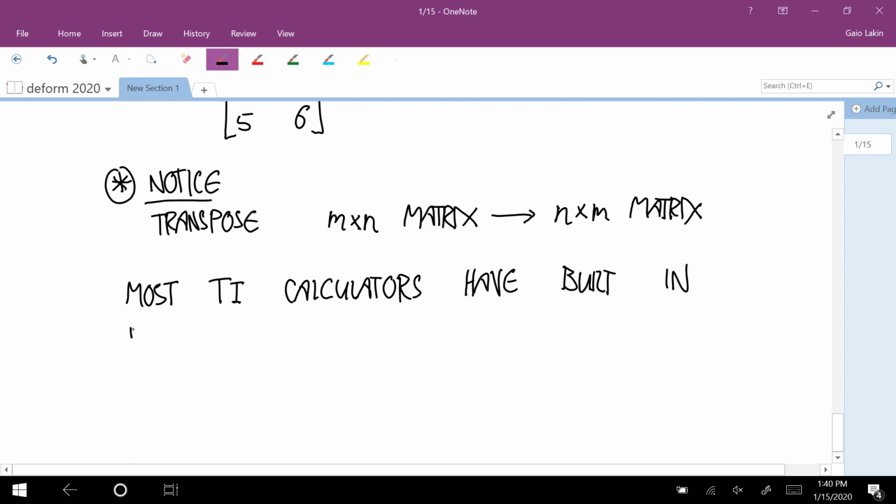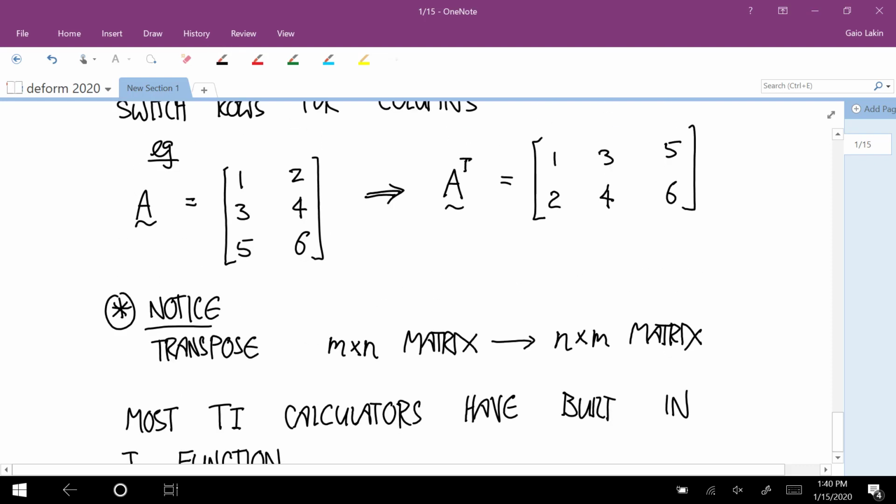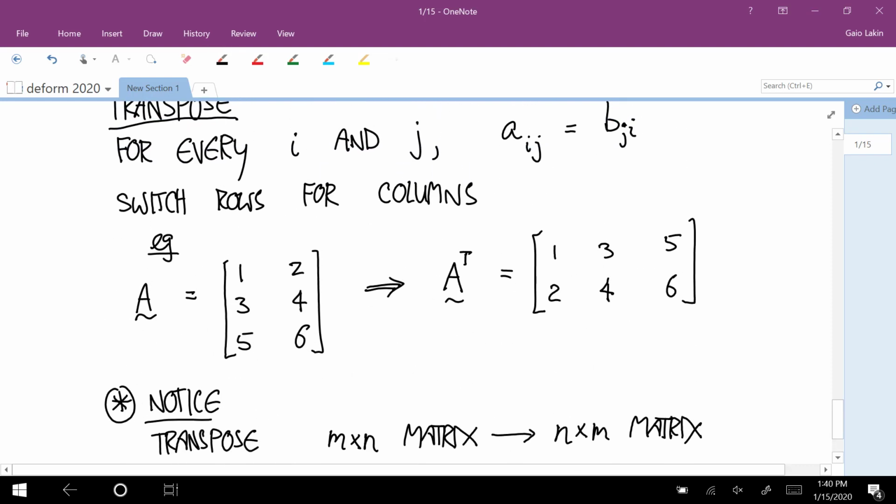It looks like a little t. And in the 89, you have to go to catalog and then scroll down to t. You can do an inverse matrix by raising your matrix to the power of -1. You might think you can take your matrix, raise it to a power, and put the letter t in the power, but it doesn't work. You have to go to that transpose function.